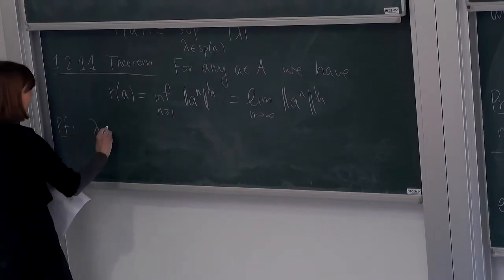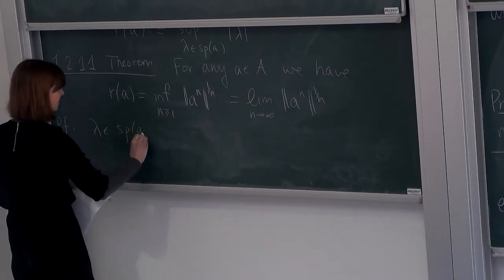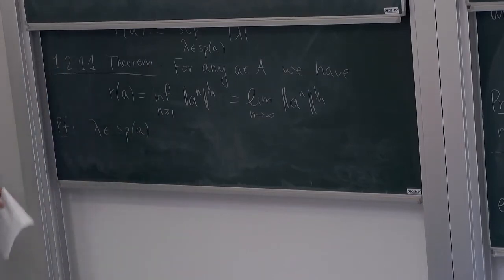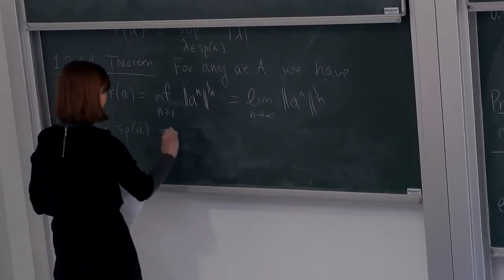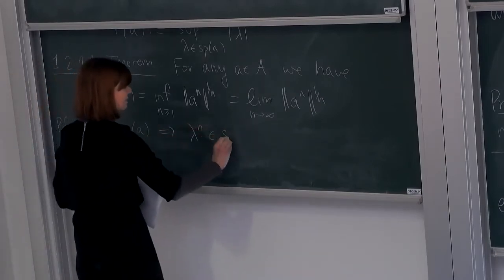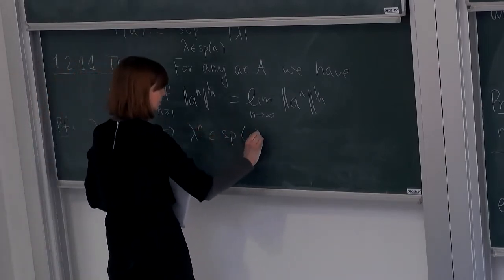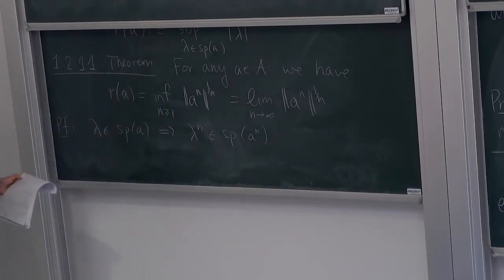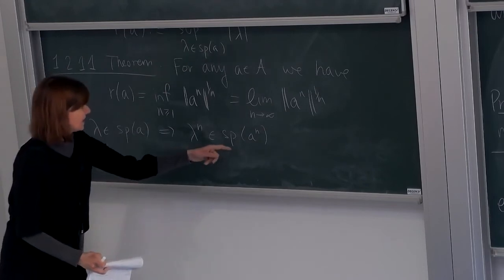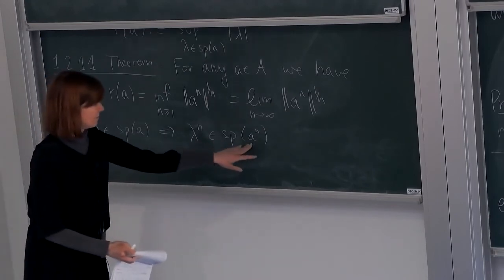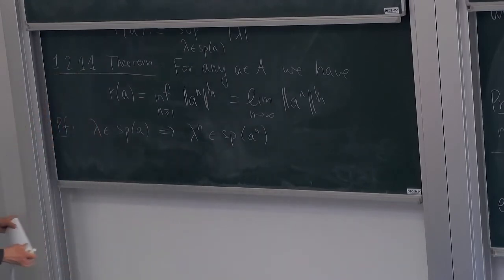Okay, so if we take some lambda in the spectrum of A, then our polynomial mapping theorem that we had earlier tells us that lambda to the n is in the spectrum of A to the n. And we know that the spectrum of an element is always bounded by the norm of that element.